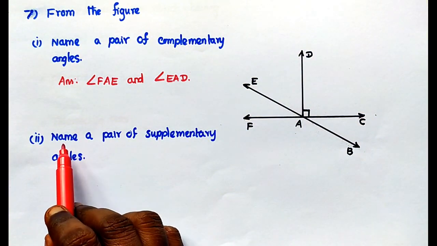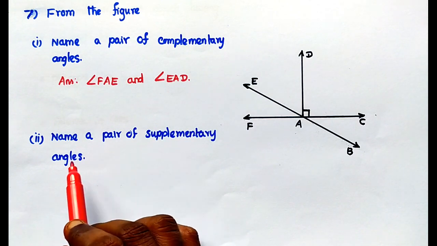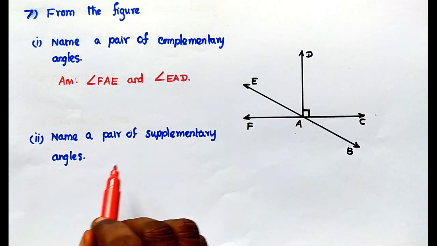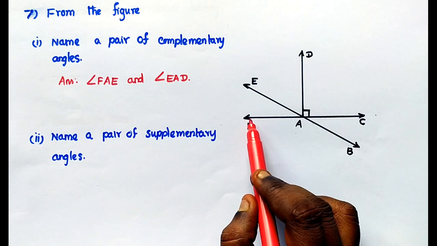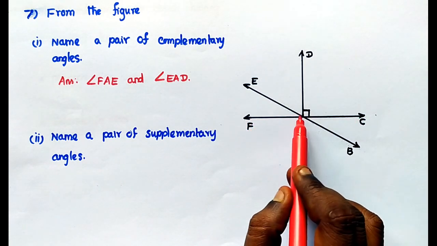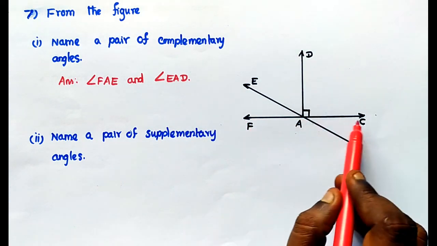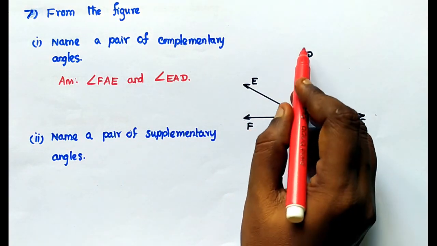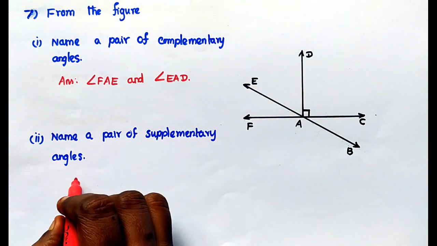Next one, name a pair of supplementary angles. Listen, supplementary means 180 degree. So it is 180 degree split into this one. So FAD and DAC.